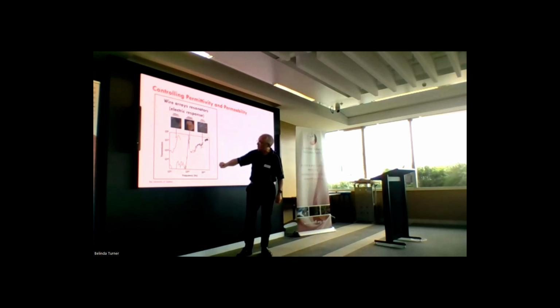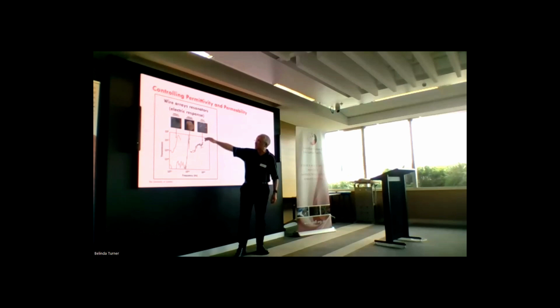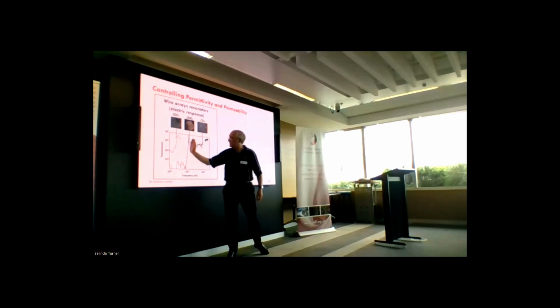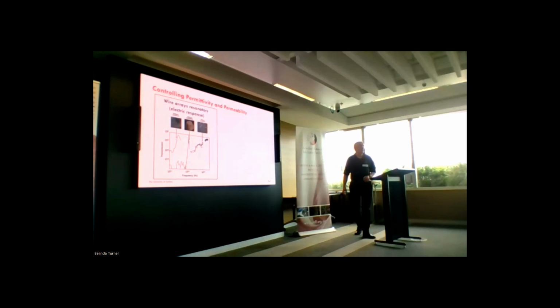And without going into too much detail here, this is showing the transmission versus frequency. Low transmission means it's acting pretty much as a metal, high transmission as a dielectric. This is the plasma frequency, and you can see that we've tuned that over a couple of orders of magnitude. So we can control this basic parameter, permittivity.